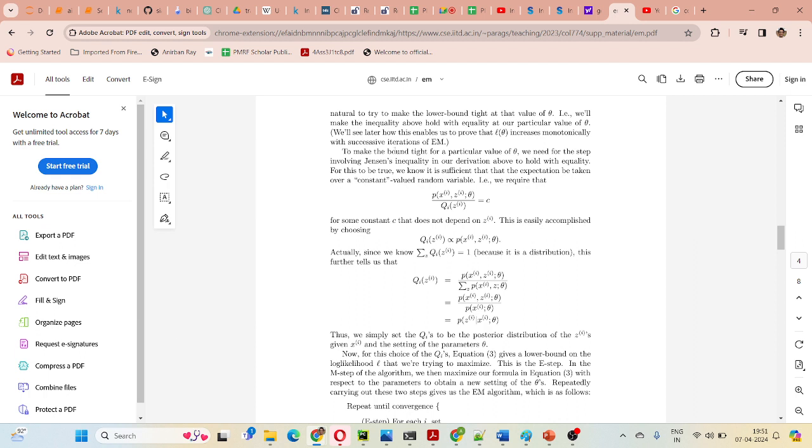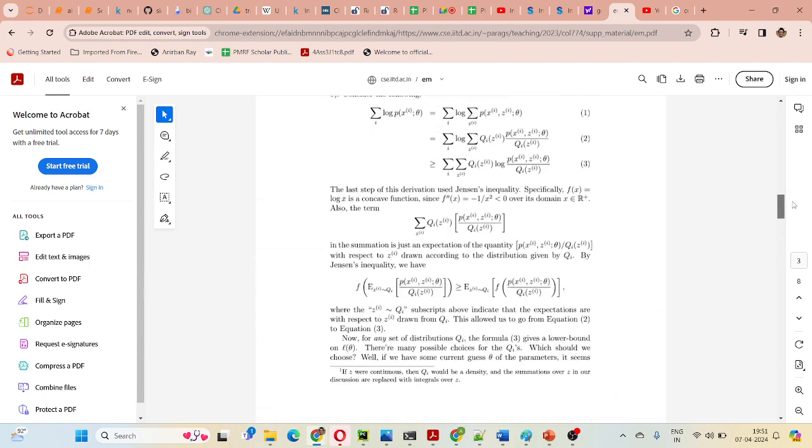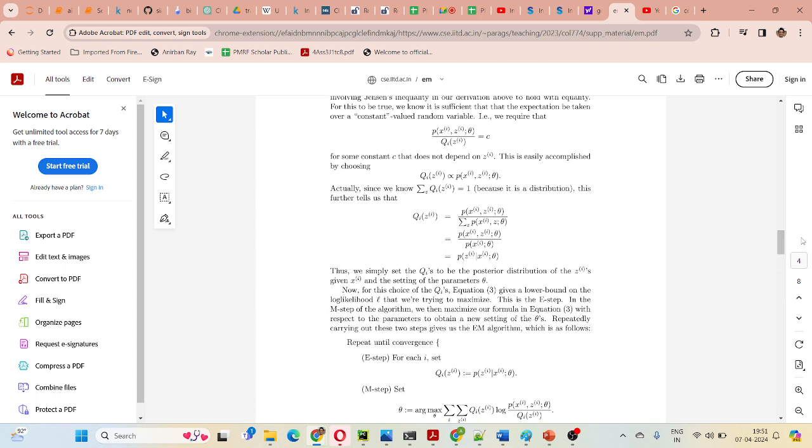Now they're looking for a tighter bound for a particular value of theta, and now the M step part comes. So they have considered this to be c, as you see. And what they're doing is that Q is proportional to this.